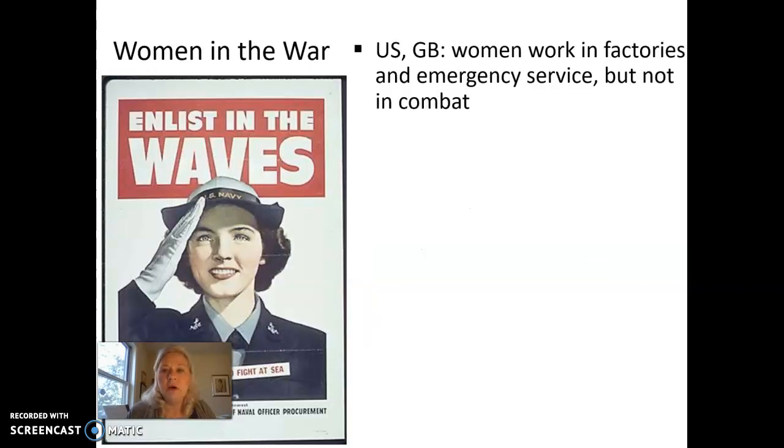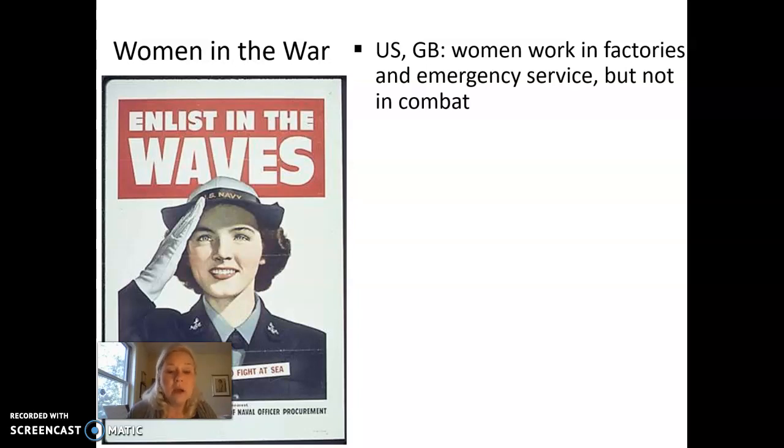Women became involved in the war in multiple ways. First of all, they were working in the factories, just like in World War I, because the men had gone off to fight and they were drafted at huge rates. They did work on the front lines in medicine. There were doctors and nurses that were very active in medical work during the war.